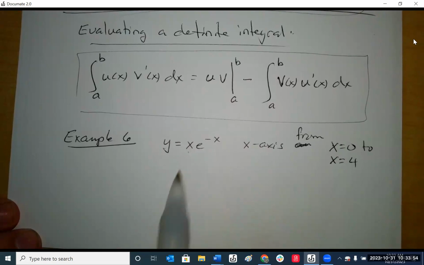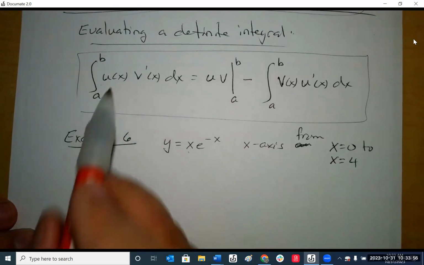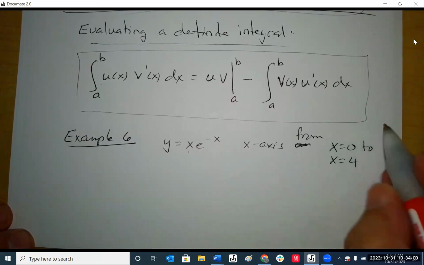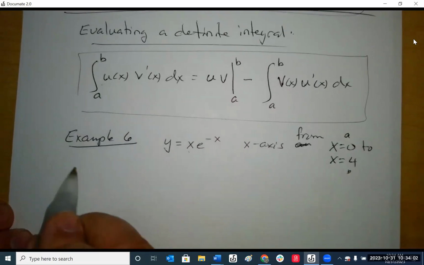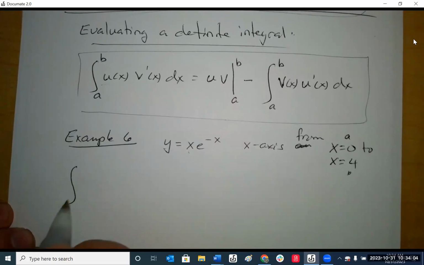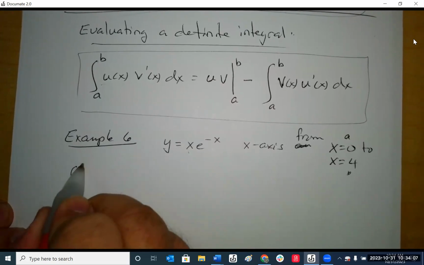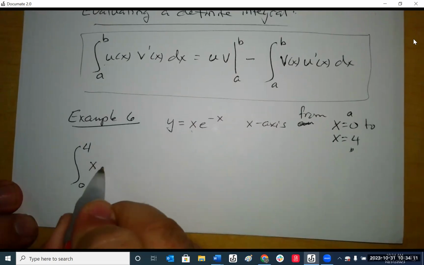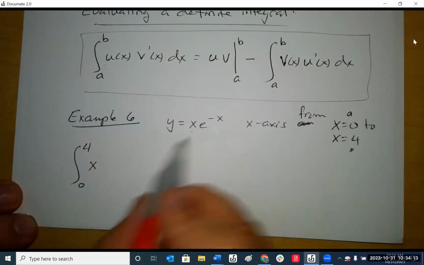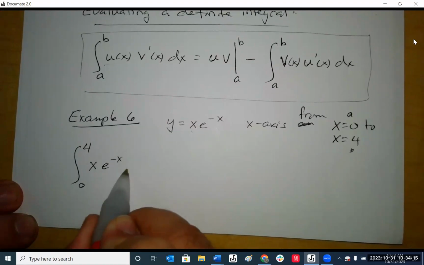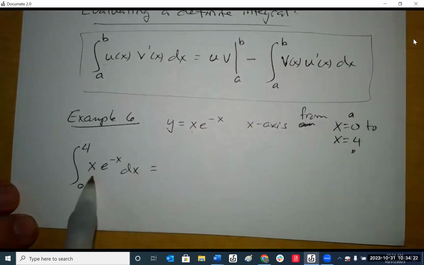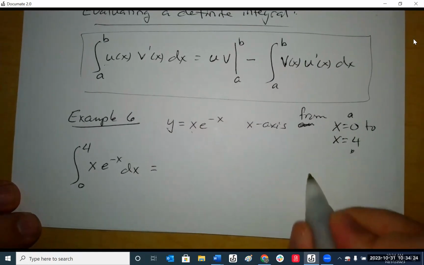So this is our u and v. This is a and this is b. So we're looking for our integral from 0 to 4 of our function x e^(-x) dx. So here we have to do the u dv part.